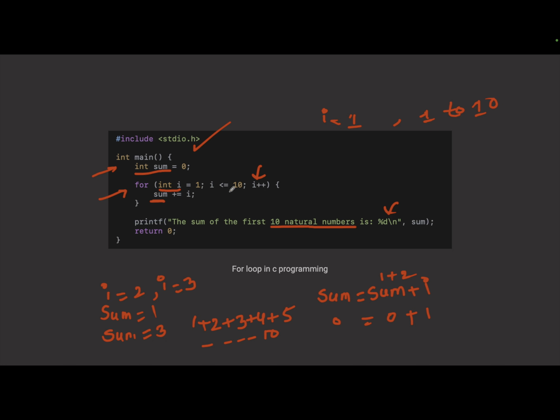When I reaches 10, it will also iterate, but when I equals 11, the loop will exit and the control will come over here. The sum holds the total, and the answer became 55. So in this way, we can use the for loop to add repeatedly as well.